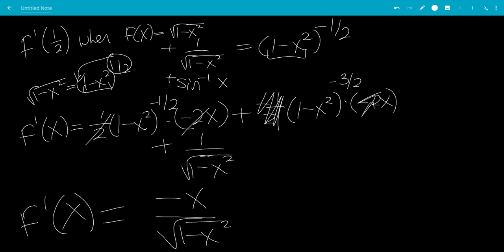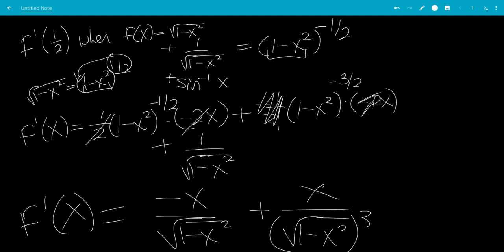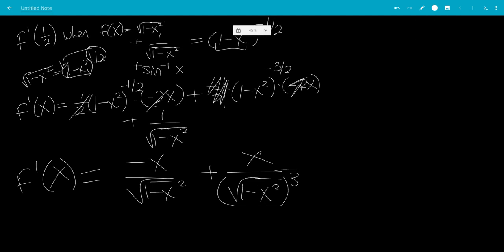And then plus x all over the square root of 1 minus x squared to the third power, because it's 3/2 on the bottom. And then plus 1 over the square root of 1 minus x squared.